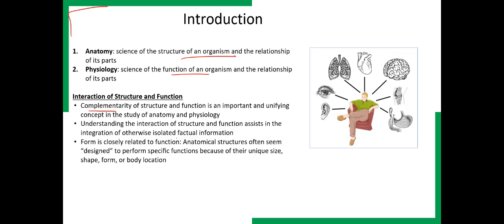So instead of just looking at, say, the ear and understanding what the structure of the ear is, what the function of the ear is, and doing the same for the eye in its isolation, doing the same for the lungs and the heart and the brain and the knees and the digestive tract, instead of knowing the structure and function of each of these different organs or tissue types in its isolation, actually understanding how they work together is really the awesome part, because then you can understand how amazing the human body is.